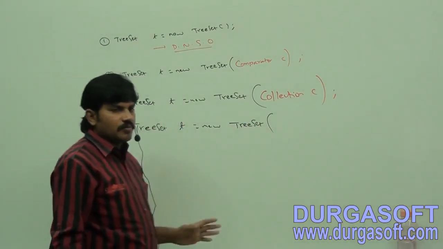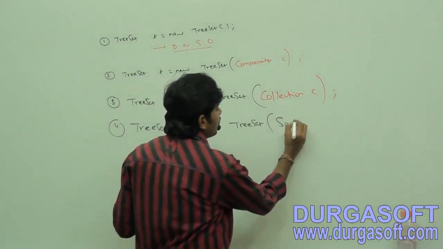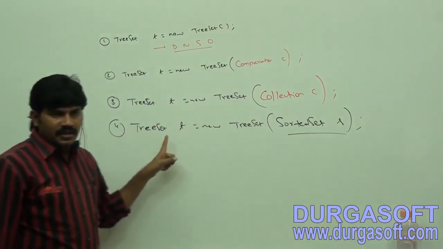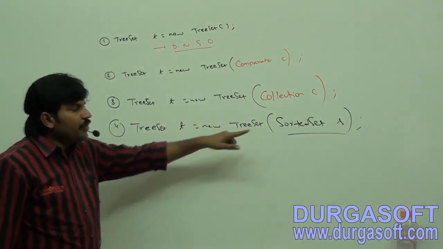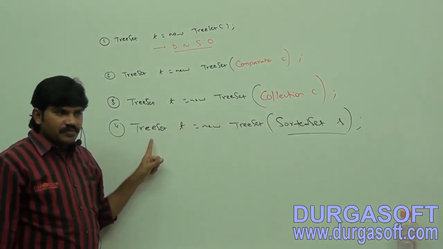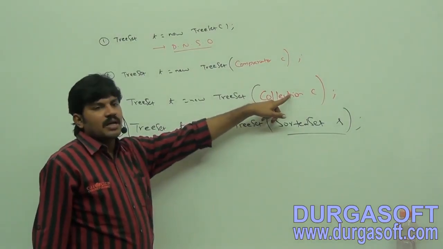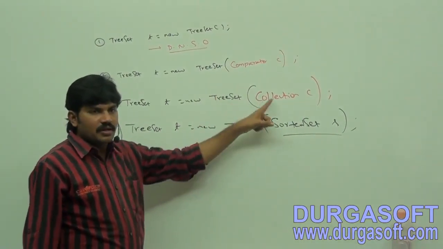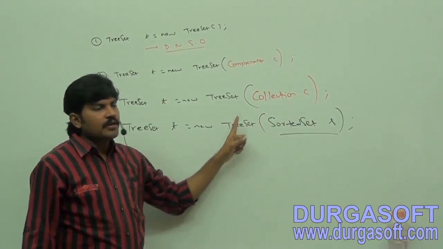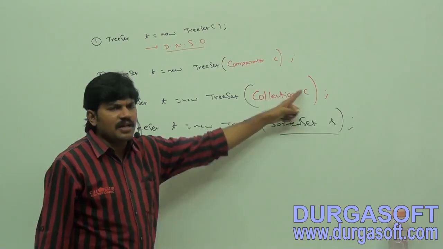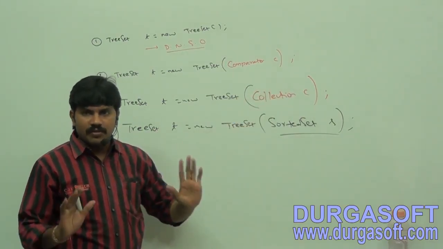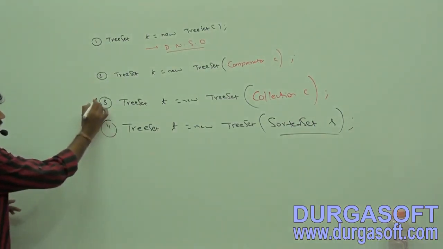For any sorted set object, an equivalent TreeSet will be created, with the same sorting implemented in this TreeSet. But for a normal collection like an ArrayList, which never talks about sorting, default natural sorting order will be considered. Remember this one.